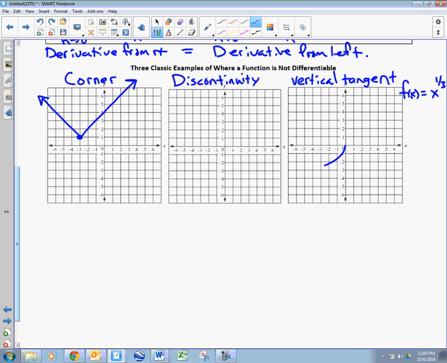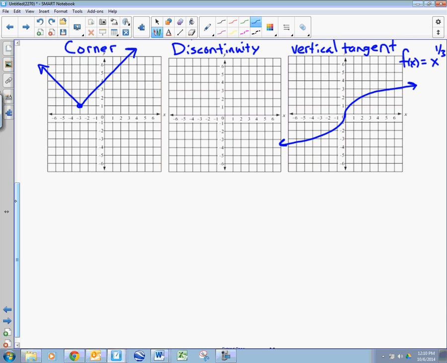And the graph looks like this. Okay, vertical tangent.